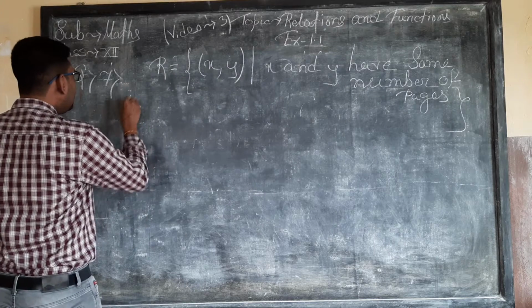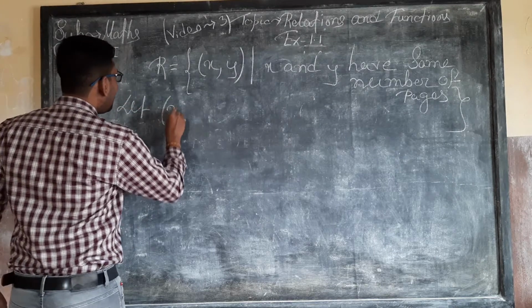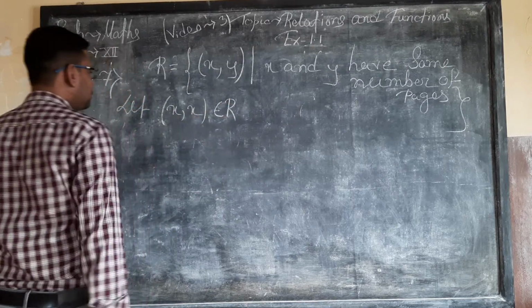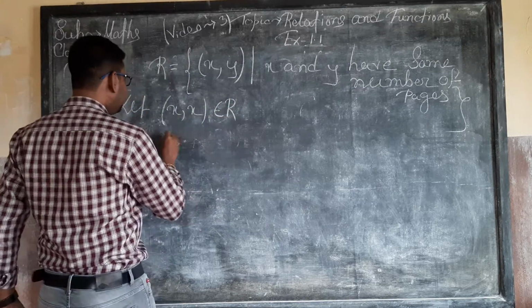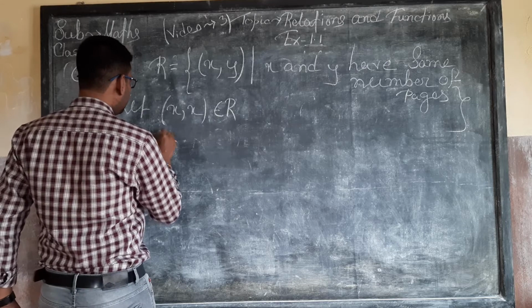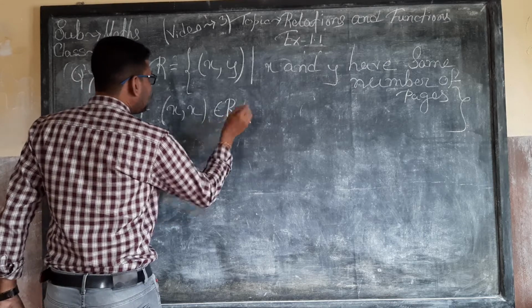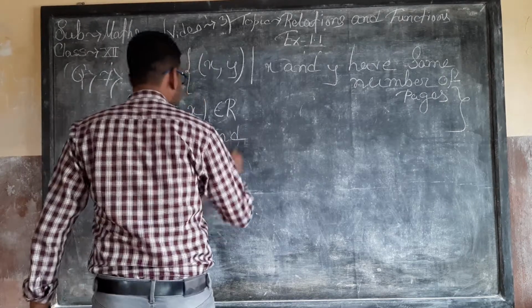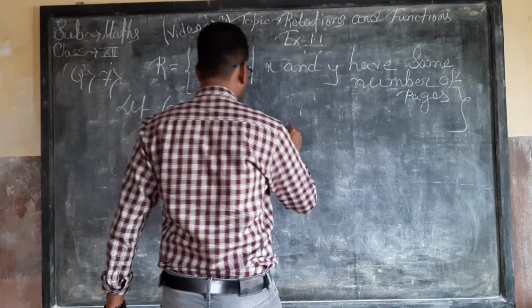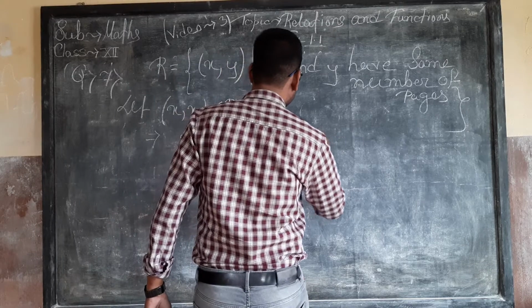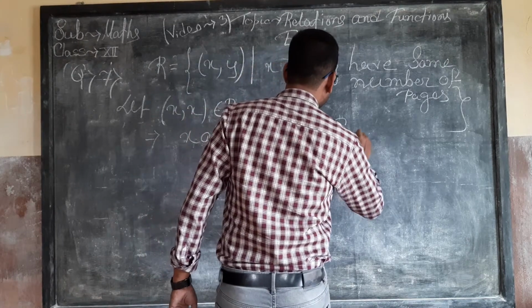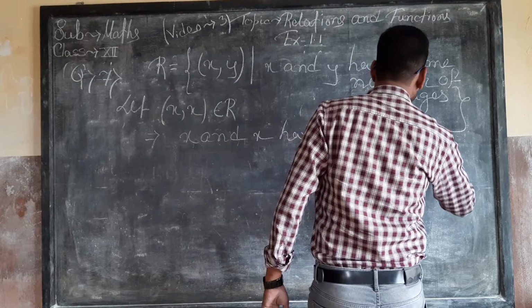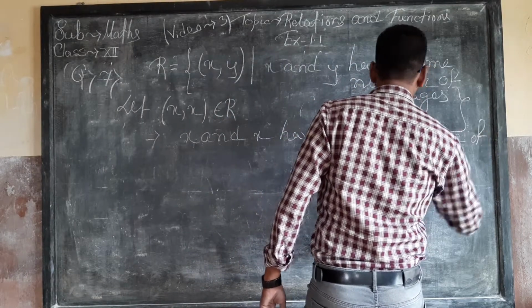So let (x, x) belong to R. Then we can write that x and x have the same number of pages.